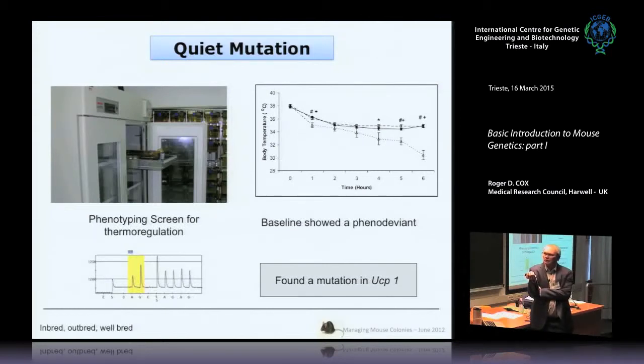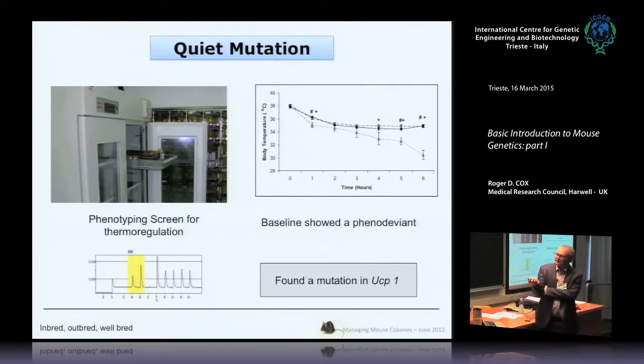We were looking for thermoregulation mutants, so we were doing a cold challenge on these mice, chilling the mice and following their body temperature over several hours, and we found that the background strain that we were using, or at least some of the mice in the background strain, had a more rapid decline in body temperature than the other mice in the colony.